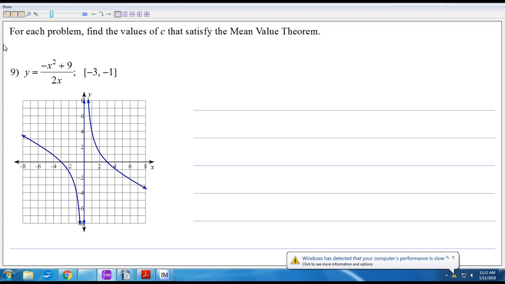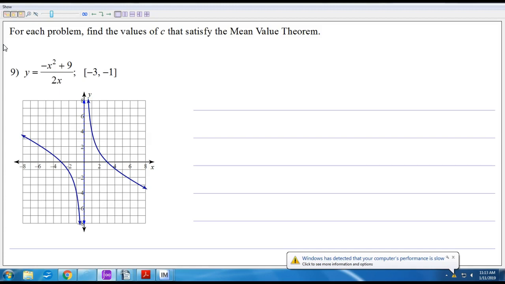So I got bottom times derivative of top minus top times derivative of the bottom over the bottom squared. This gives me -4x squared. This will give me plus 2x squared minus 18 if I multiply these three things together over 4x squared, and that equals -2, which I'm going to throw over 1 because I feel like I'm going to cross multiply in a second.